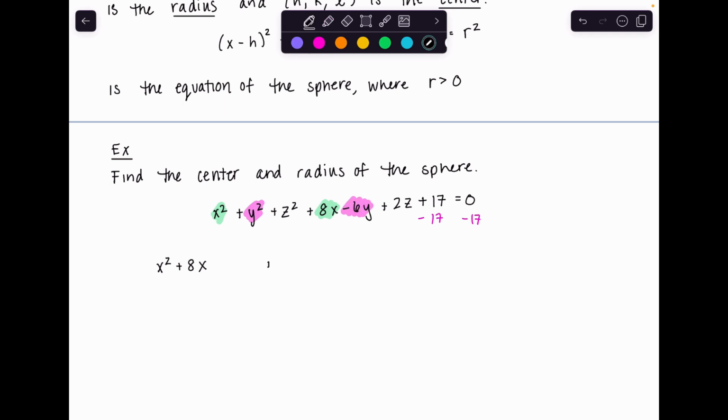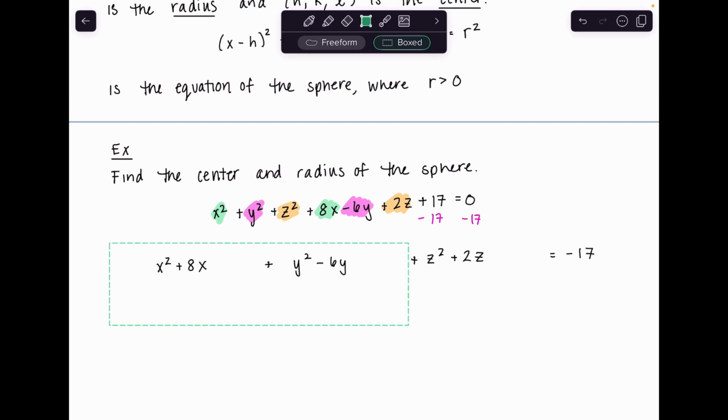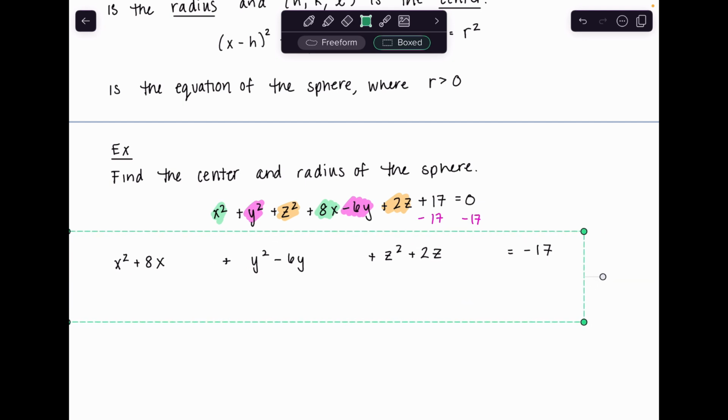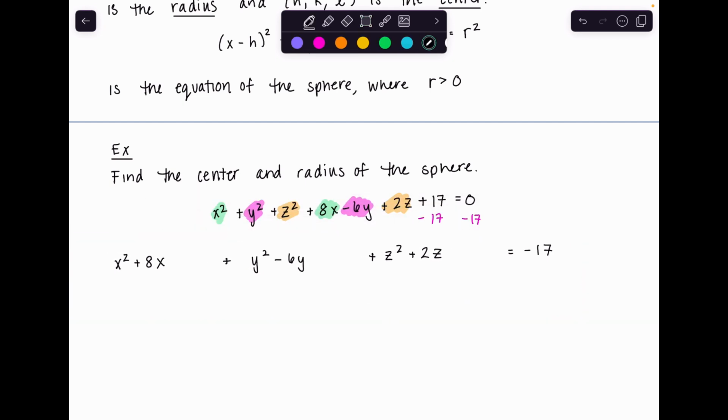So I'm going to save some space there. And then last but not least, we have z squared plus 2z. So again, give myself a little bit of space. And then on the right-hand side, when we move that 17 over, it gives us negative 17. I'm going to need a little bit of extra room over there.